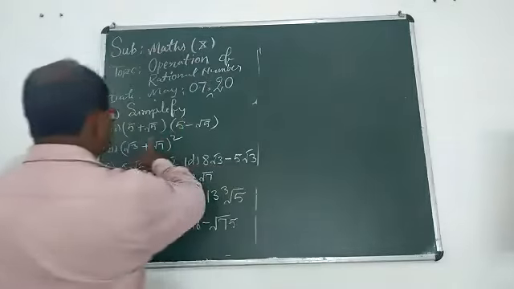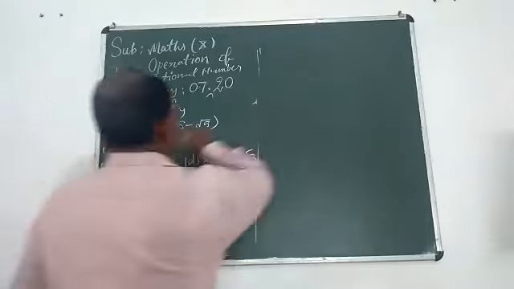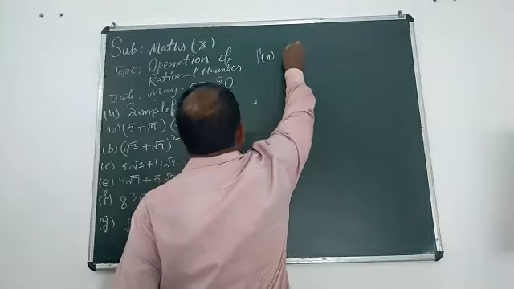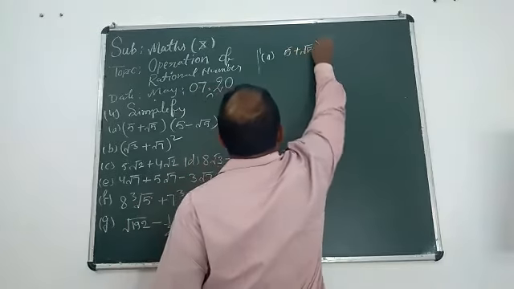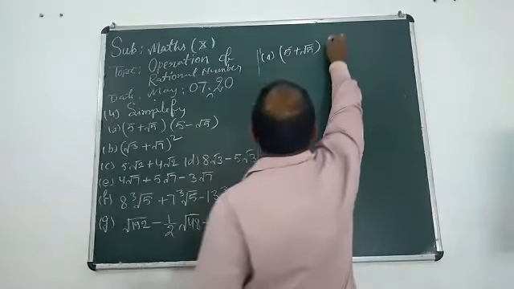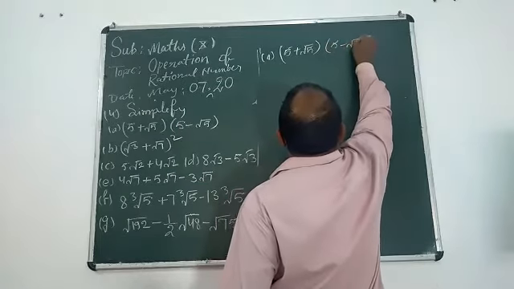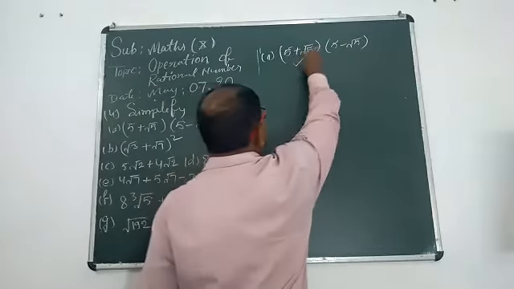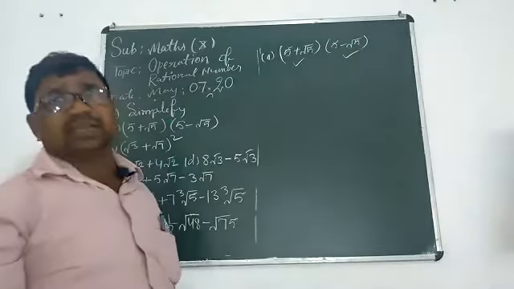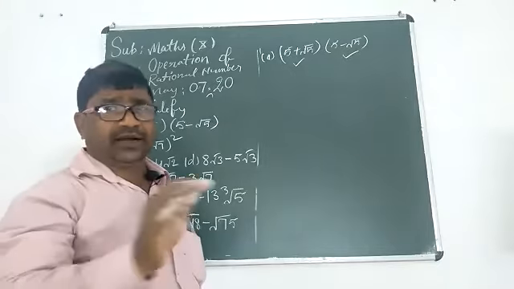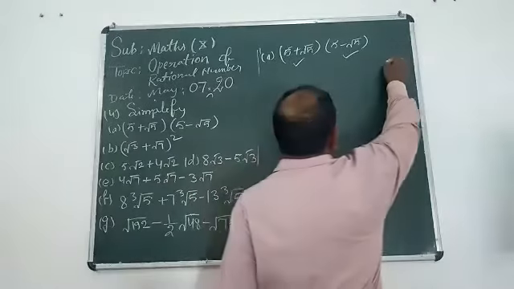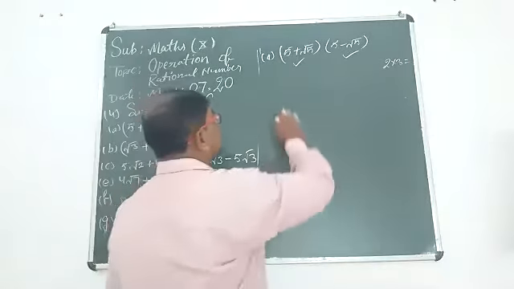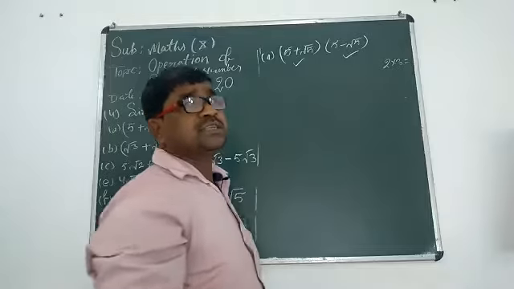Now, student, how we can simplify this? First, 5 plus under root 5 into 5 minus under root 5. It means these two irrational numbers are multiplicand and multiplier. You should multiply them together. How? Just like 2 multiply 3 equal to what? Similarly, how can we multiply these two irrational numbers?